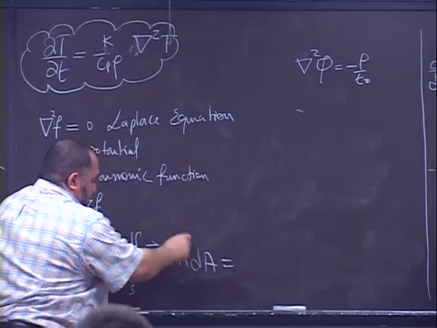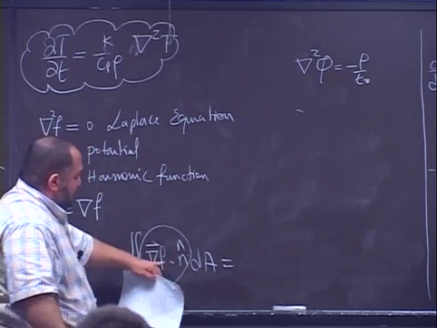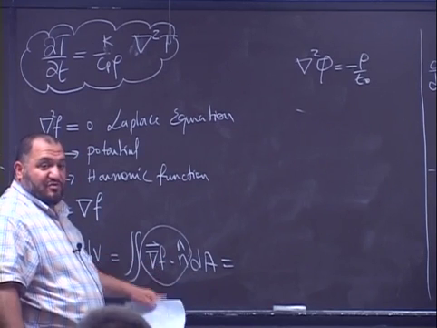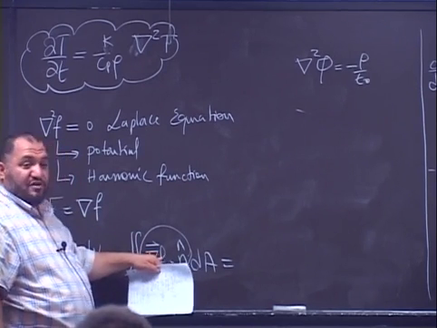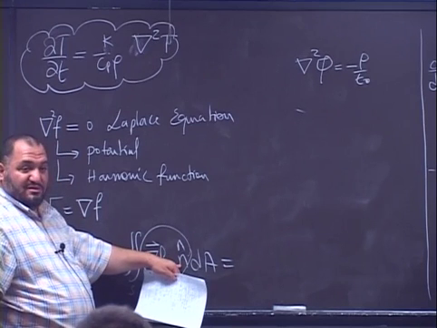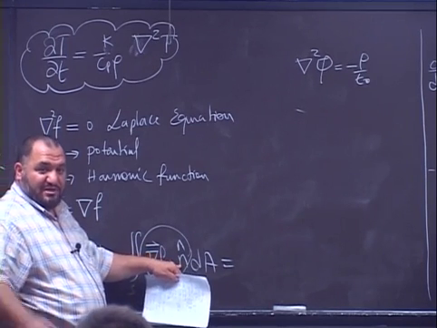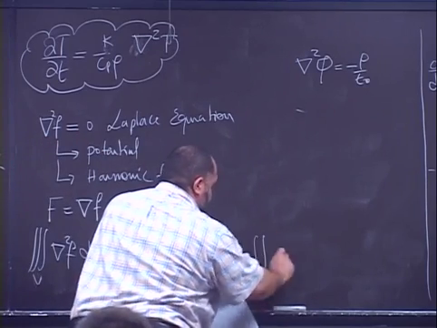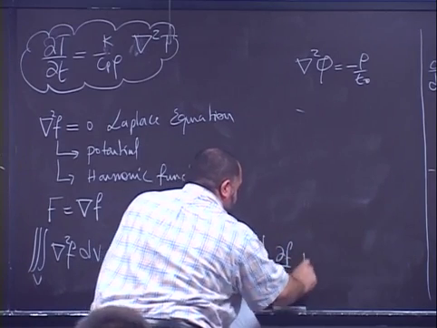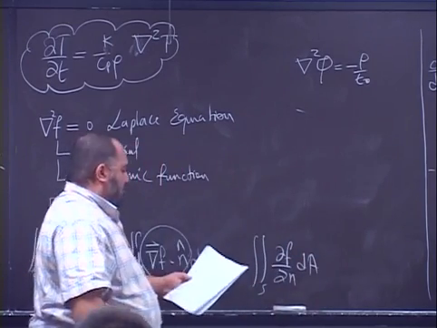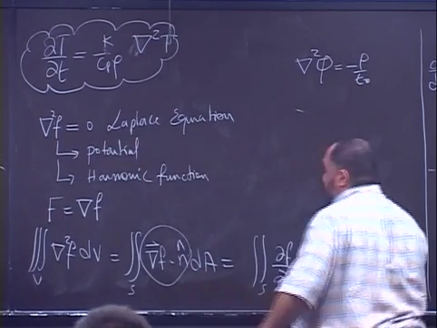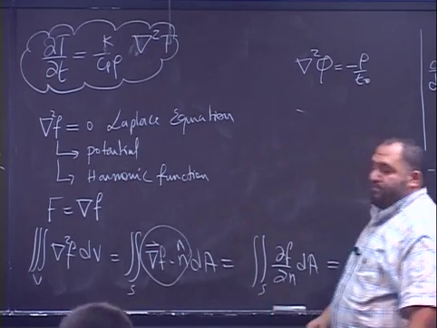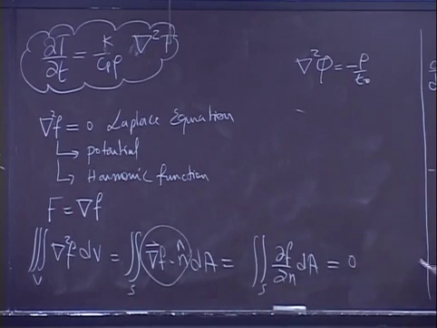What's this from last chapter? If you dot product a unit normal with a gradient, this will give you what? The differentiation of the function f with respect to what? With respect to n. We know this from last chapter. So this will give you, on the surface, df by dn evaluated over the surface, and this is equal to 0 if you pick a potential function, or let's say a harmonic function like this. This is one of the applications.